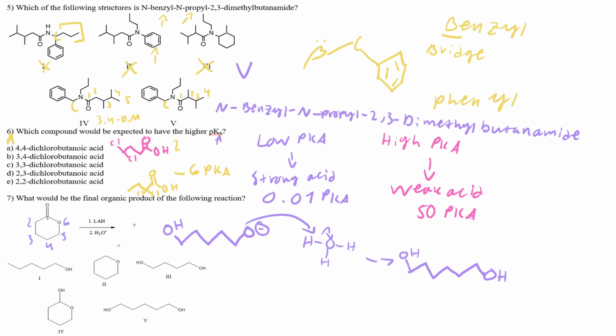Notice that we were working with pure lithium aluminum hydride, okay? Meaning that this structure would be reduced into primary alcohols, right? Now, in another question that you'll see, I think it was question 16, we're working with other lithium aluminum hydride.